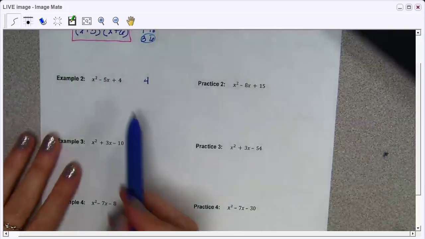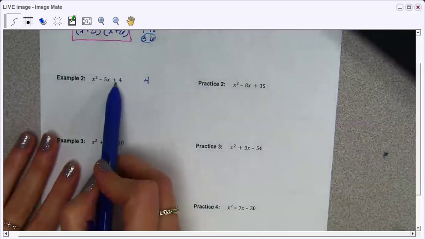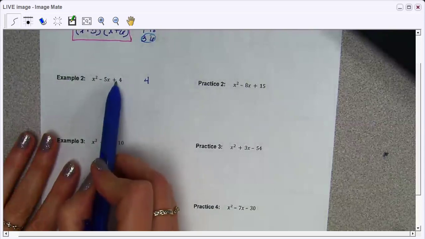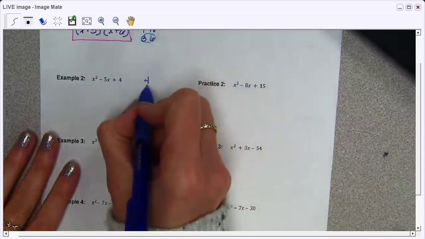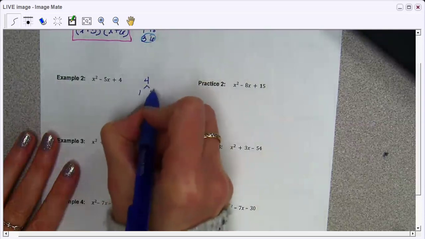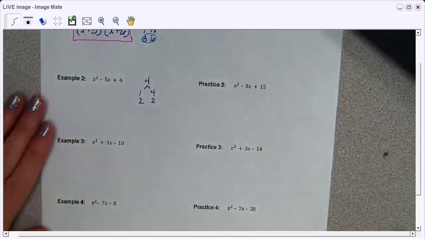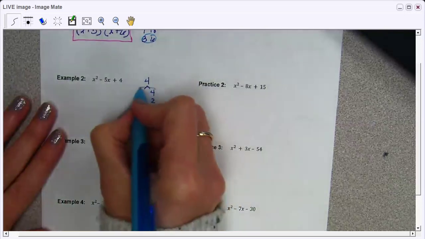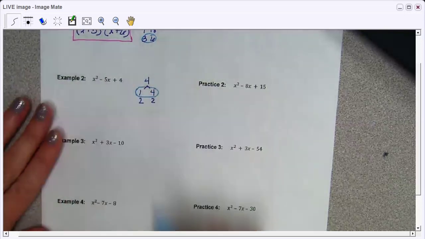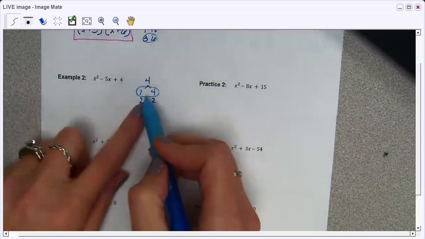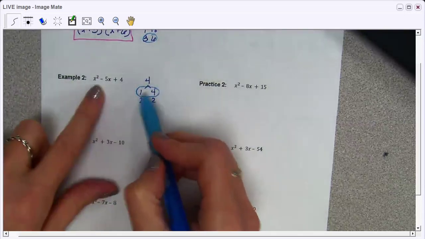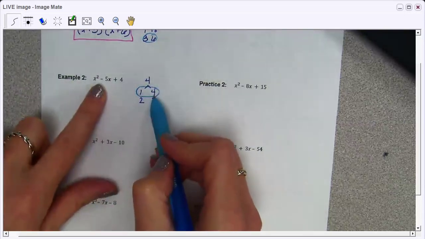And the reason I know this is because 2 negatives, when you multiply them together, give you a positive 4. So our factors of 4 are 1 and 4 and 2 and 2. And we can see by looking at this that 1 and 4 are going to give us 5. So 1 times 4 is 4, but 1 plus 4 is a positive 5.